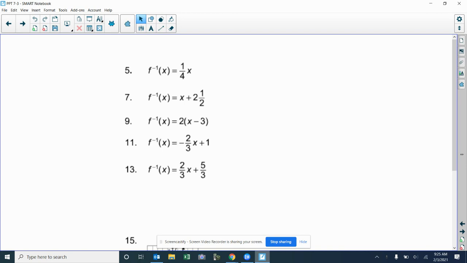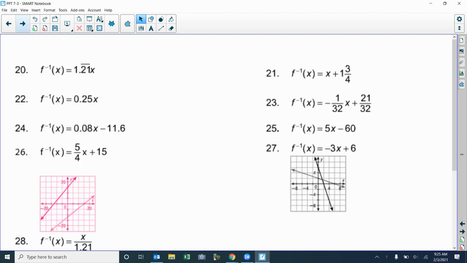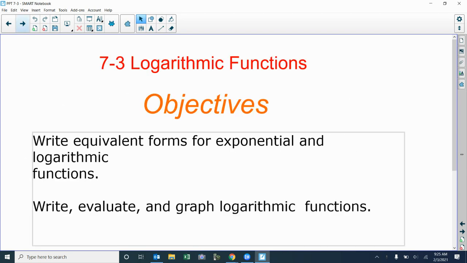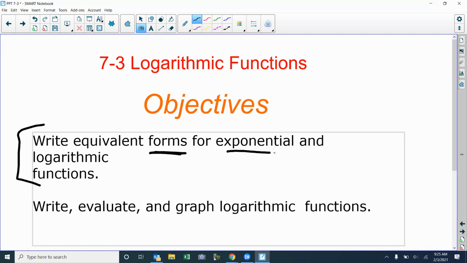Okay. That inverse is important because now we get into our next section, which is logarithms. Logs help us with some other things. Today we are going to work on writing in two different forms: one exponential and the other logarithmic.